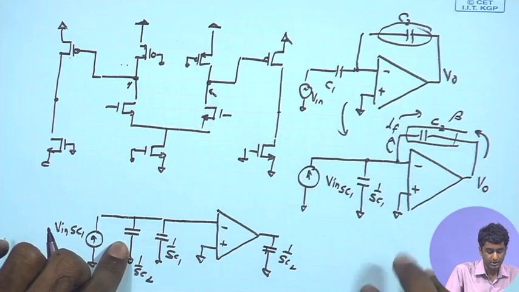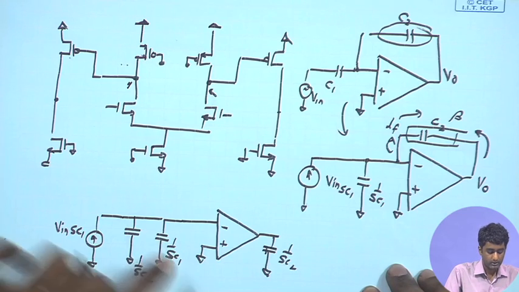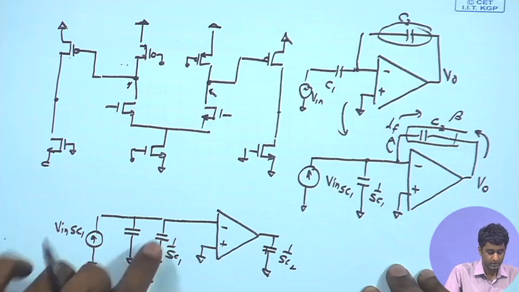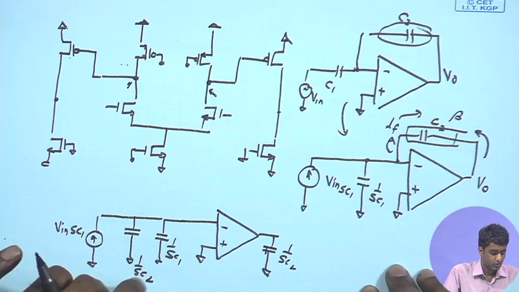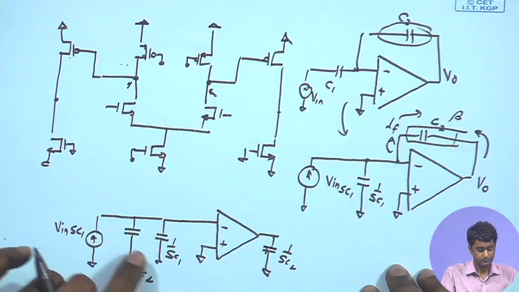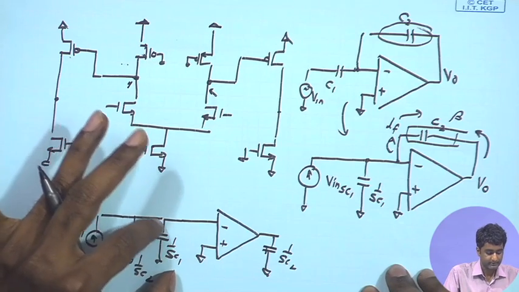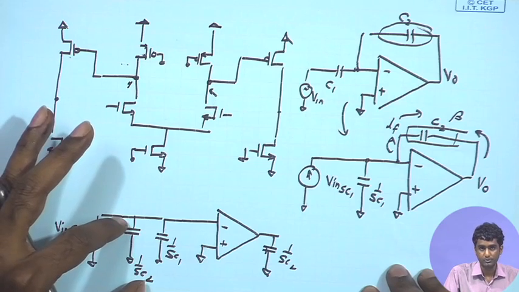In order to get larger gain, what we have seen is that C1 was supposed to be larger. Therefore, in the impedance, the 1 upon SC1 being larger in capacitance is going to produce smaller impedance, whereas 1 upon SC2 is going to produce larger impedance.